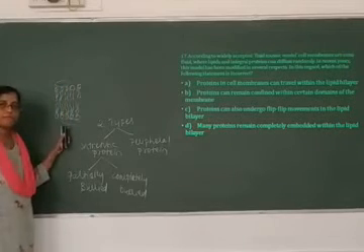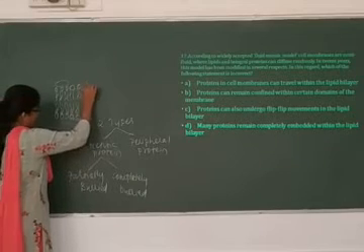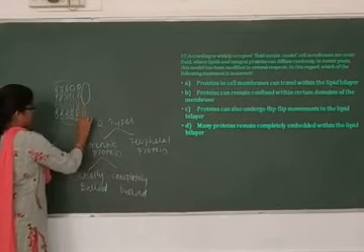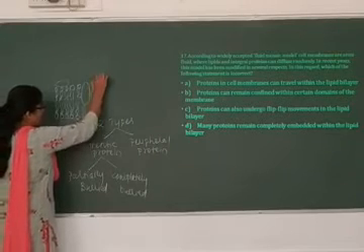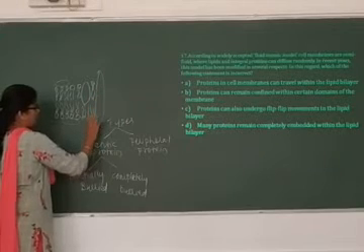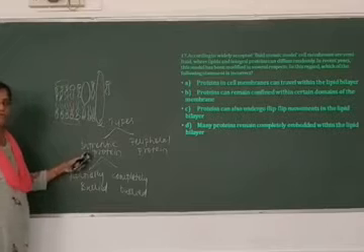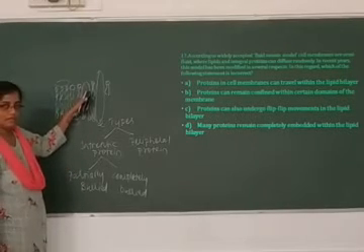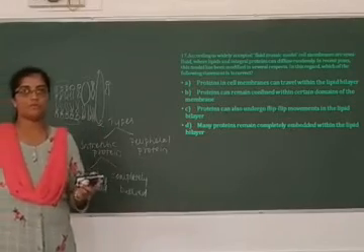The peripheral proteins are attached to the surface of the lipid layer, or some may be partially buried like this in the lipid bilayer, or some may be completely traversing the lipid layer. These both are intrinsic proteins. These are partially buried. These pass through the lipid layer, called tunnel proteins.